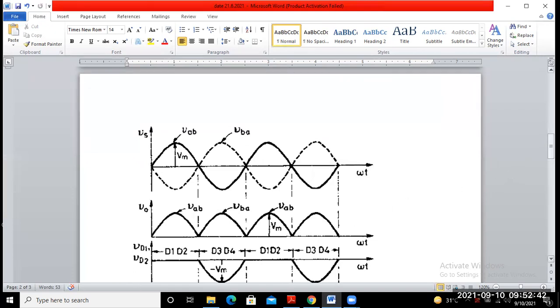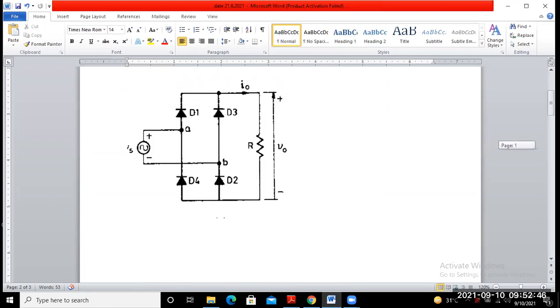We want to just draw the voltage across diodes D1 and D2, that means this diode and this diode. Whenever the diode is in conduction mode, we may consider it just like a closed switch, which provides a path for the current to flow.